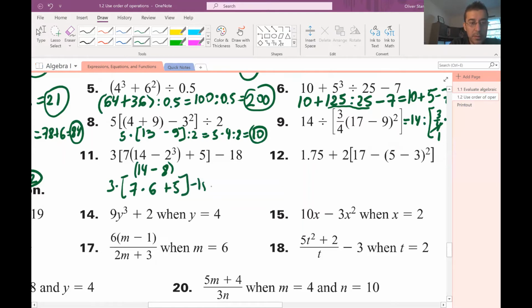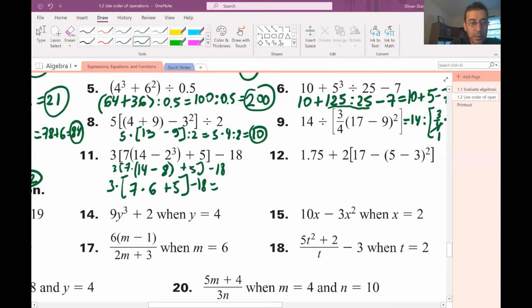Minus 18. So you can write all these things here. So first we did the powers, 8, everything else comes down. Then we do the parentheses here, the grouping, 14 minus 8 becomes 6, everything else comes down, same.